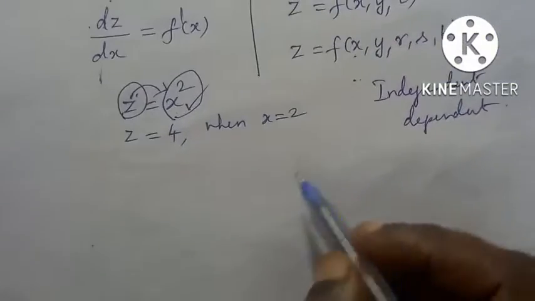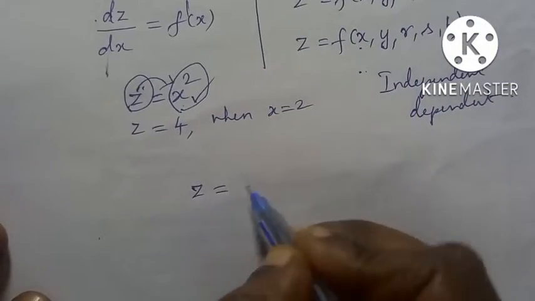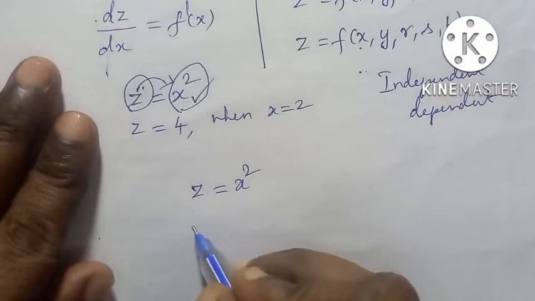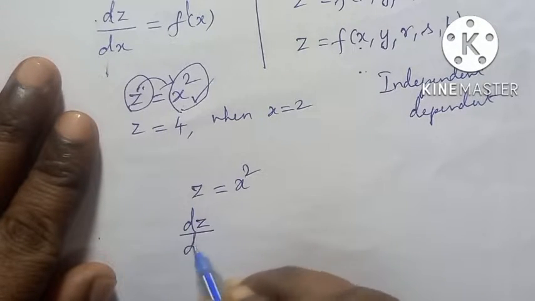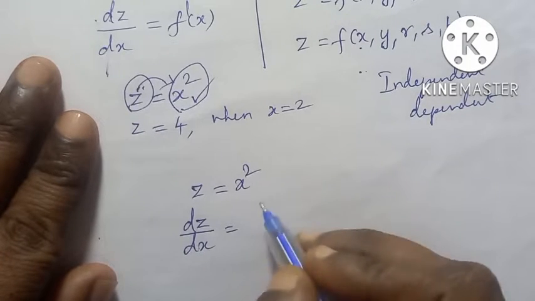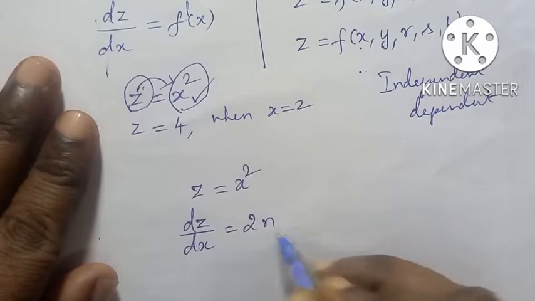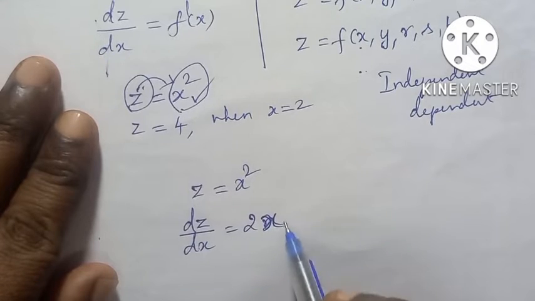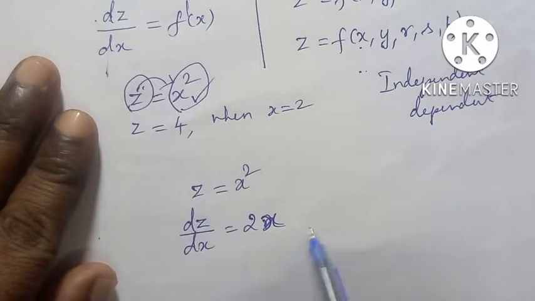Okay. So like ordinary differentiation, when z is x square, right? When you differentiate with respect to x, we know the x to the power n formula, which is n into x power n minus 1. 2 minus 1 is 1. 2x, right?